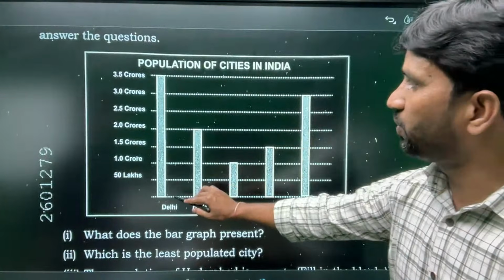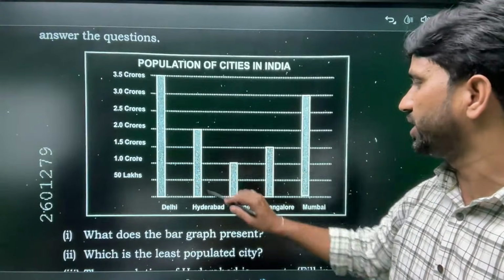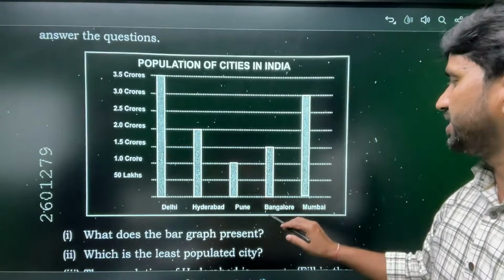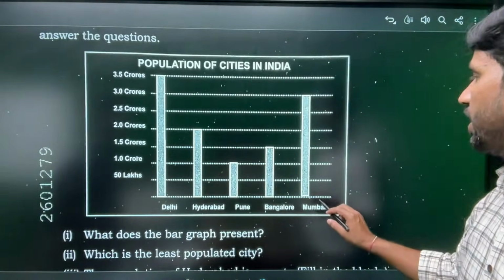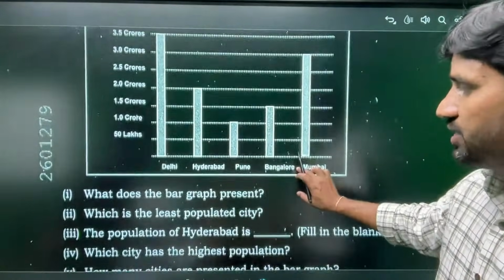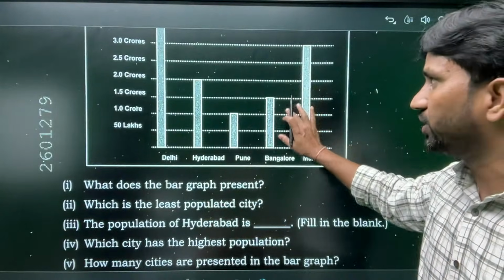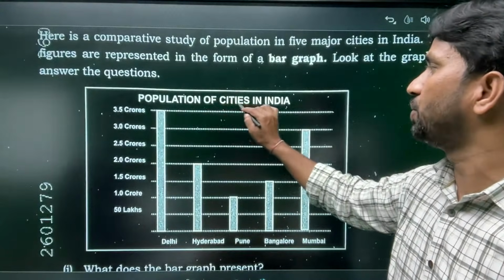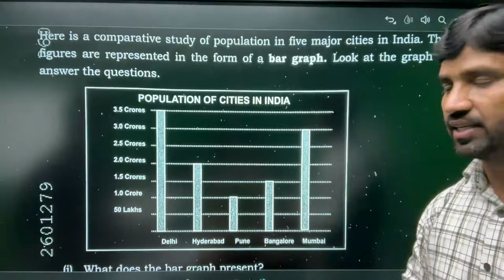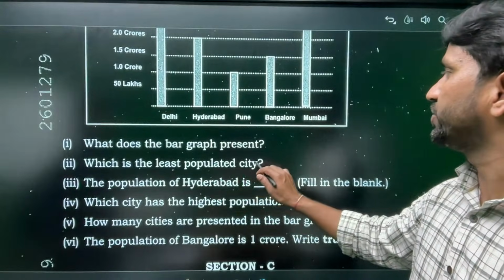The highest population is Delhi, 3.5 crore, Hyderabad is 2 crore, Pune is 1 crore, Bangalore is 1.5, and Mumbai is 3 crore. Now the question is, what does the bar graph depict? It describes the population of cities in India. This is the first answer. The next one is, which city has the least population?